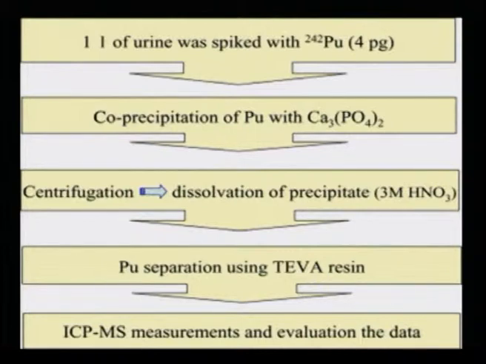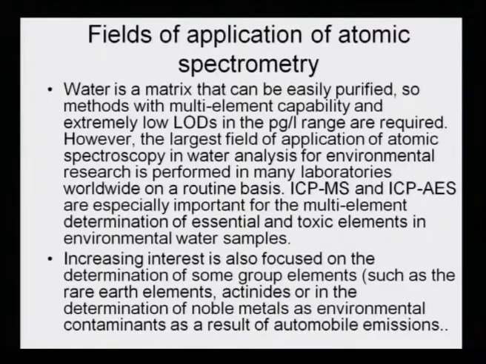So, there are not only such instances where urine samples or sea samples or very complex matrices are used as an analyte, but there are other fields of application of atomic spectrometry. Water is a matrix that can be easily purified. So, methods with multi-element capability and extremely low limits of detection in the picogram per liter range are required.